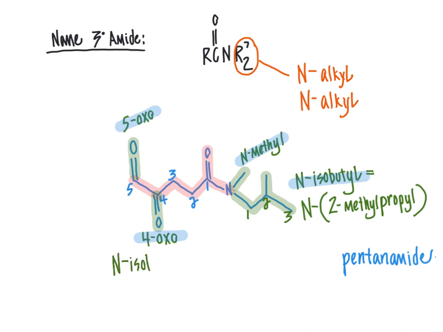So N-isobutyl. After that, M comes before O, so N-methyl. And then finally, since we have 2 oxo groups, we'd refer to this as 4,5-dioxo, since there's 2 of those carbonyl groups, pentanamide.